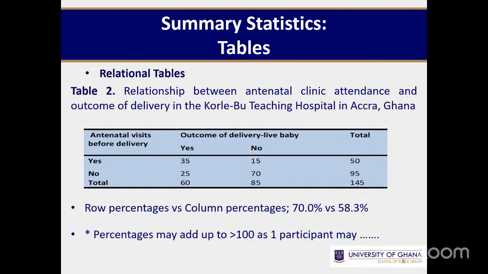Anytime you come out with such a thing, please put an asterisk somewhere and indicate at the bottom of your table that percentages may add up to greater than 100 because one participant can have both diabetes and hypertension. This is very, very important. And then your table will become easily understandable.